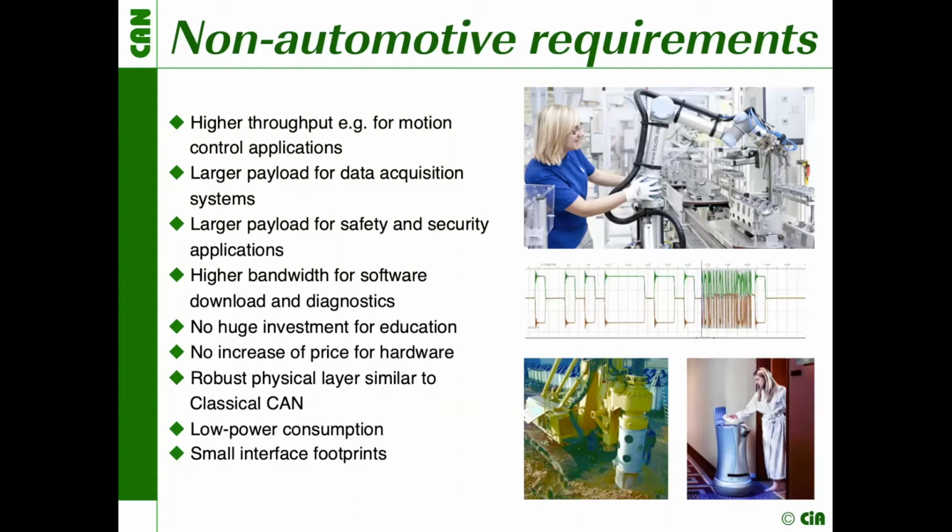With higher payloads, I can transmit for all drives the commands within a single message, so I don't need any specific synchronization because the reception of the message is the synchronization trigger. The same in general for data acquisition. We need larger payloads for safety and security, software download, diagnostic.